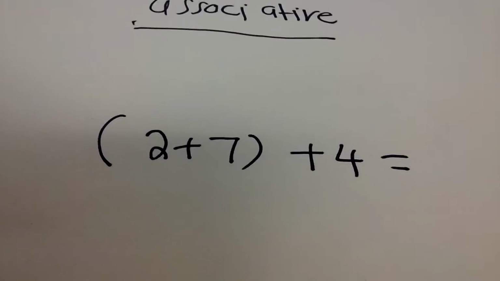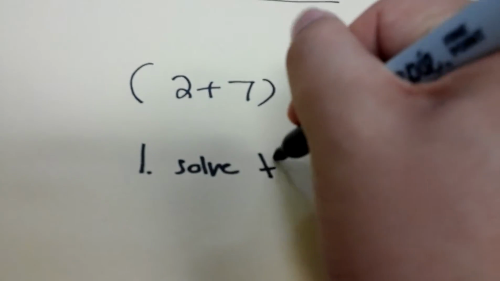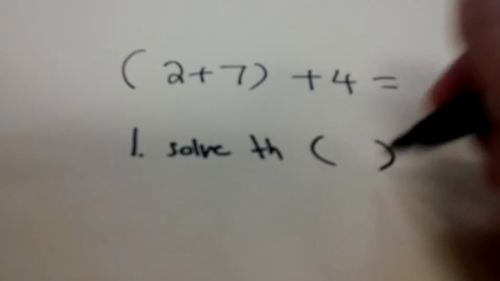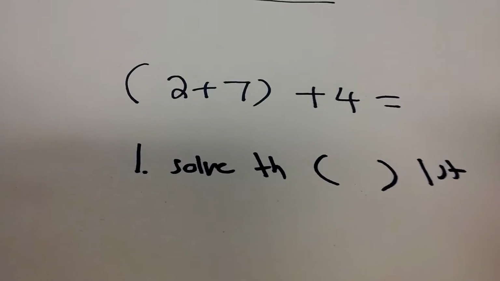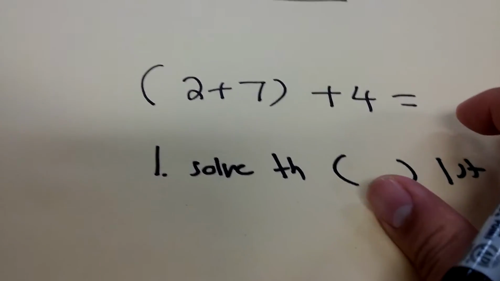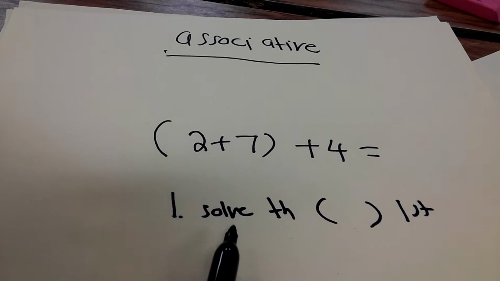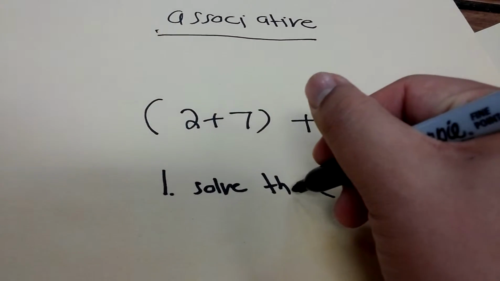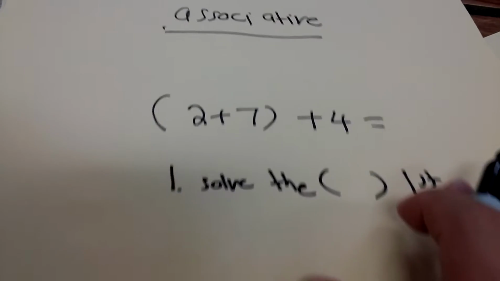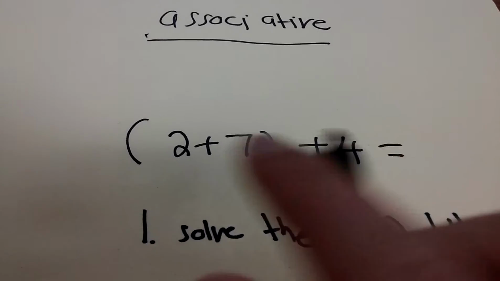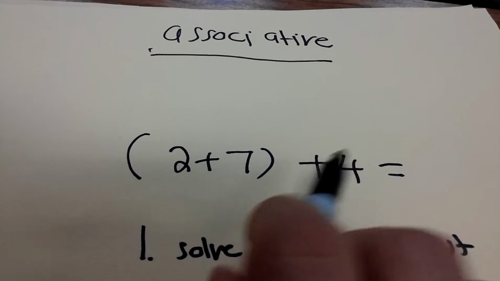The associative property says I need to solve the parentheses first. Let me repeat that. The associative property says I need to solve the parentheses first.